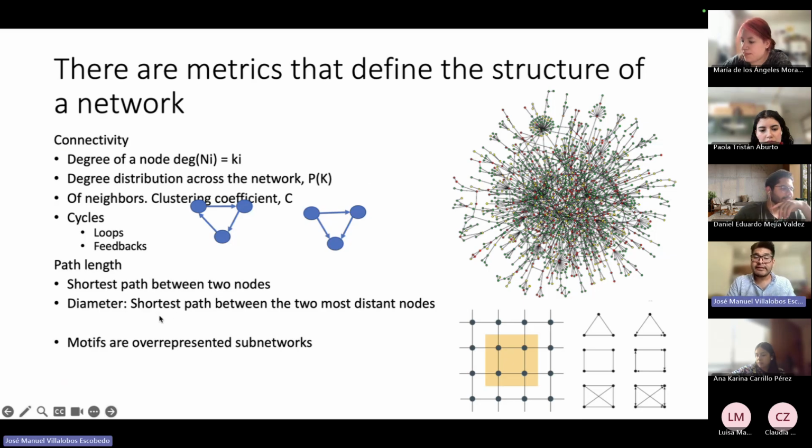We are looking at the shortest path between the two most distant nodes. That can be 3, 4, 6, 11 nodes, and this distance is the property called diameter. So when somebody asks you what the diameter of this network is, you can calculate the shortest path between the two most distant nodes, and quantify how many nodes separate this path. This is another emergent property.